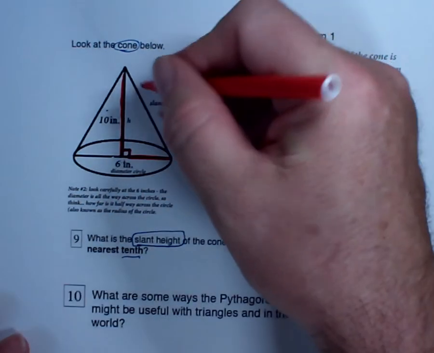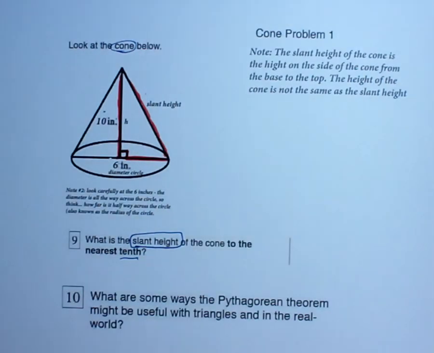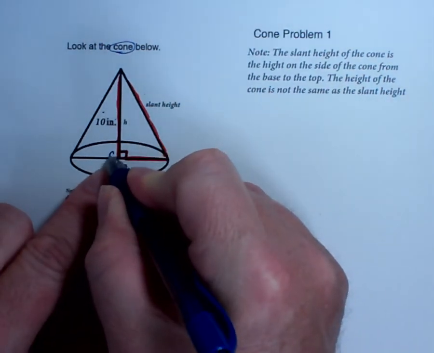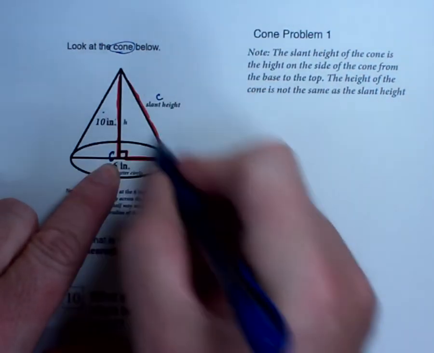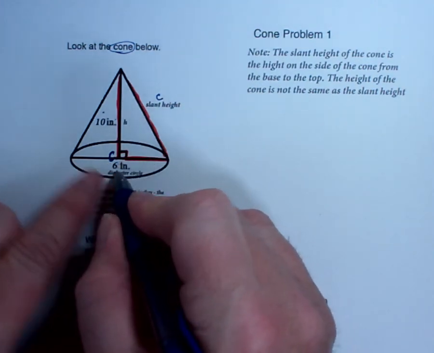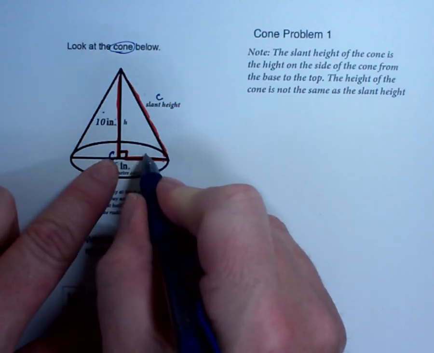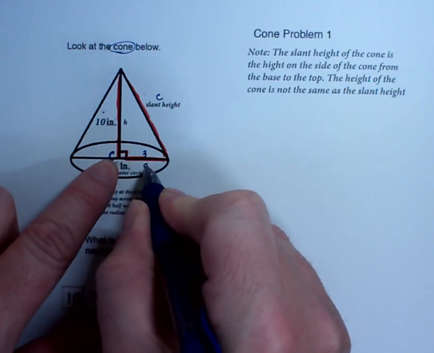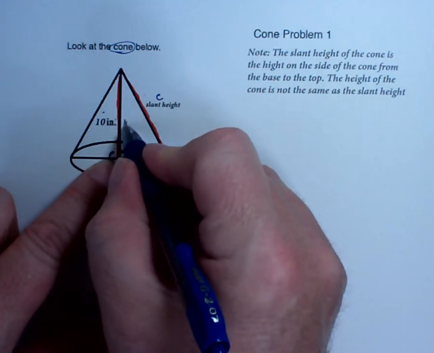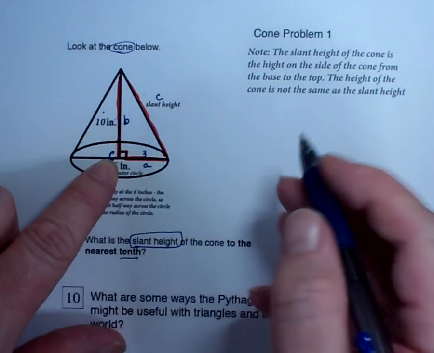If we build this triangle here, here's the 90-degree angle, so let's call that capital C. The slant height is the hypotenuse then. And then this base right here, it's 6 all the way across, so we only want half of that. We want 3. We'll call that A. And then the 10 will be the B. We'll change H to B. And now we have A, B, and C.